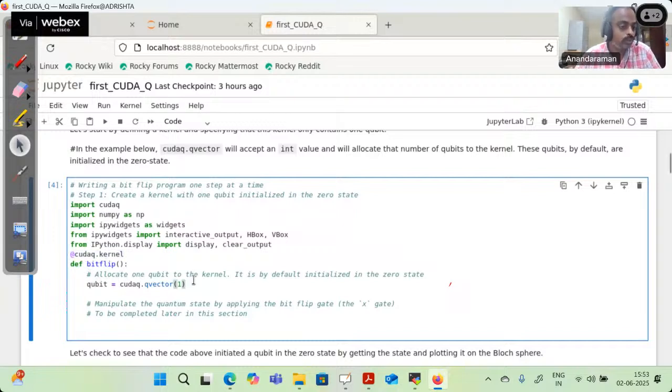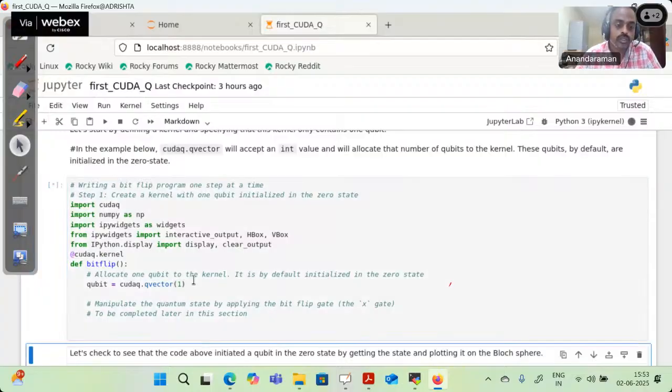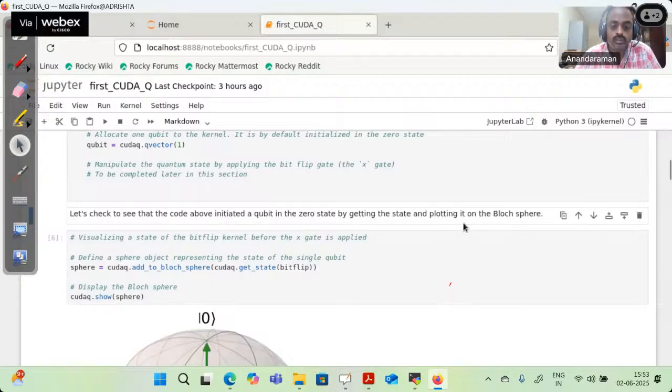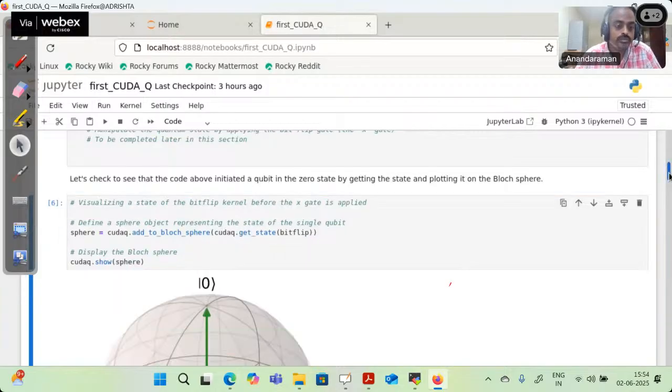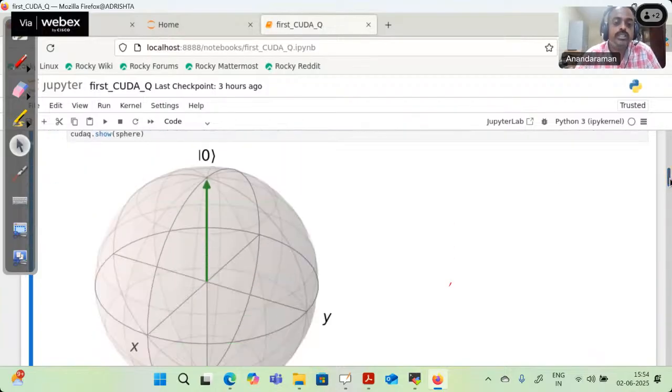Then we are creating one qubit, and visualizing it with the cudaq.show function. Now it is in the default 0. The qubit is initialized to 0. Now we will apply the Pauli X gate so that it will point to 1.